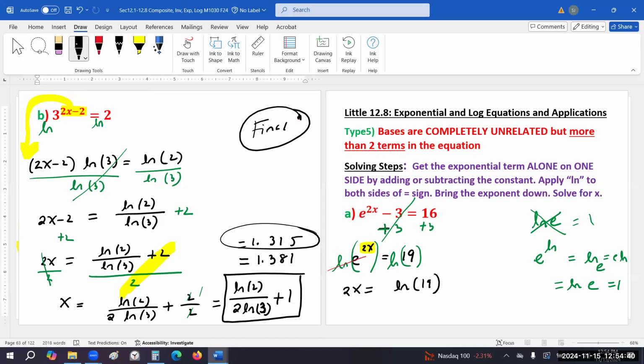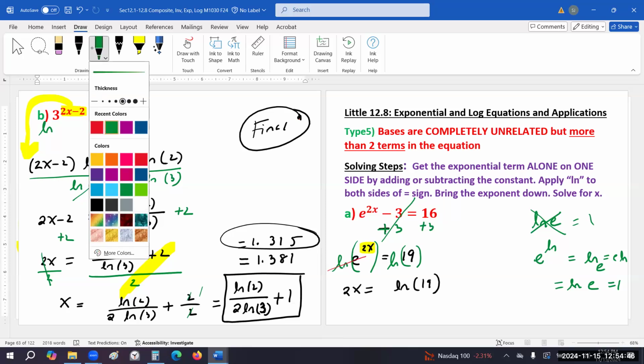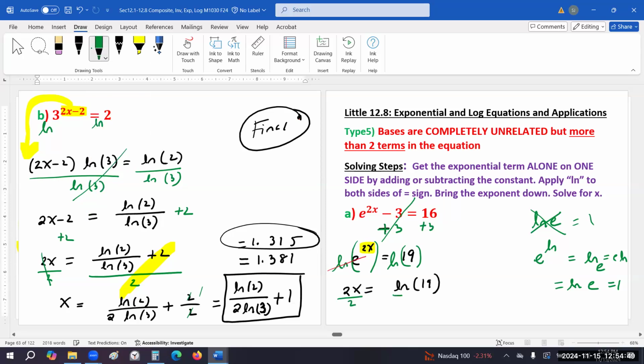What is our last step to get that x? We divide by 2. So x is ln of 19 divided by 2 for the non-calculator portion. But for the calculator portion, you have to find how much it is.